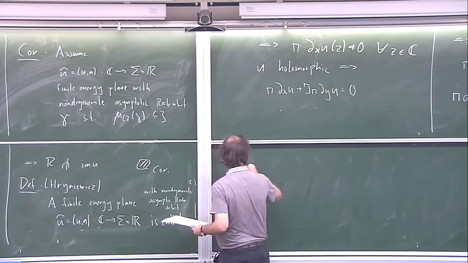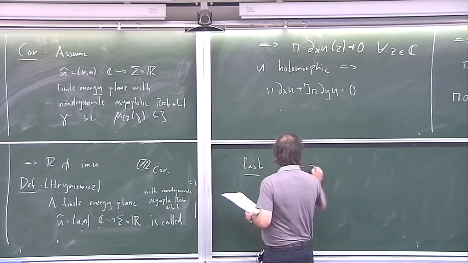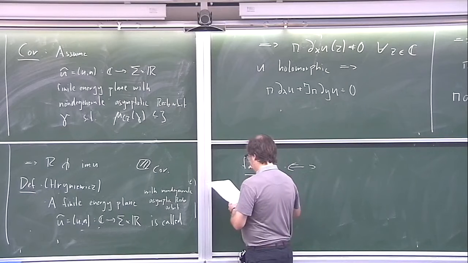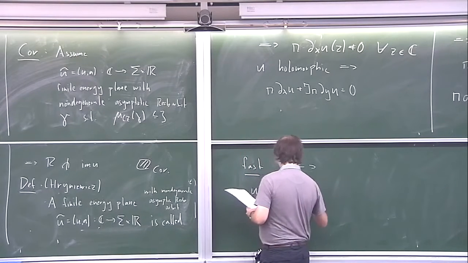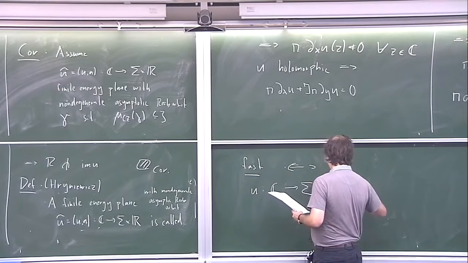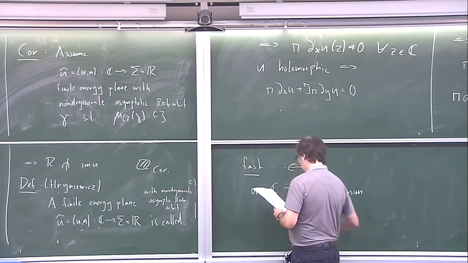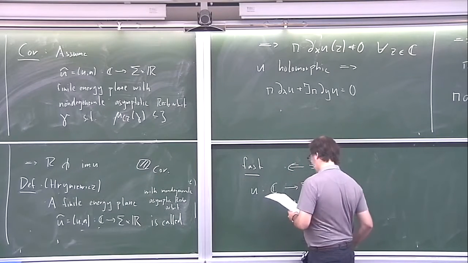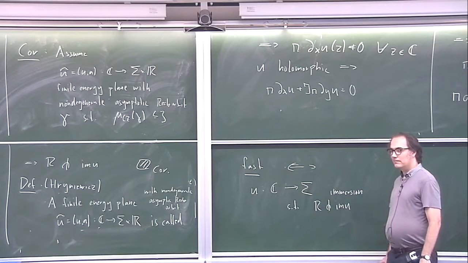Is called fast. Now we can just define it in this way: u from C to sigma is an immersion such that the Reeb vector field is transverse to the image of u.